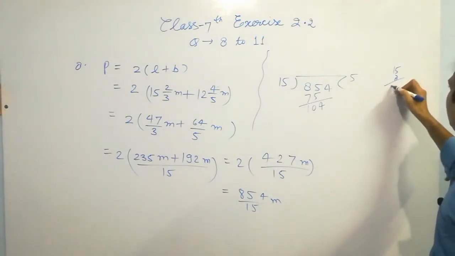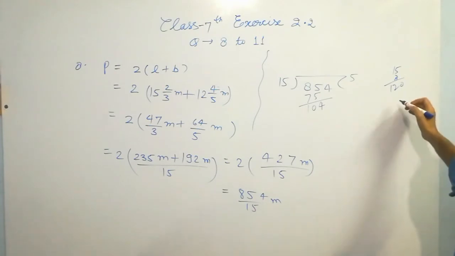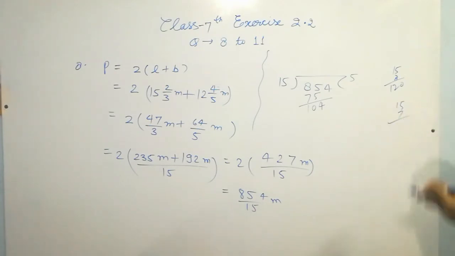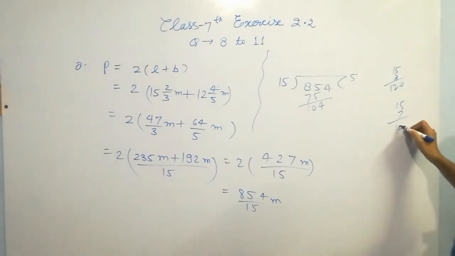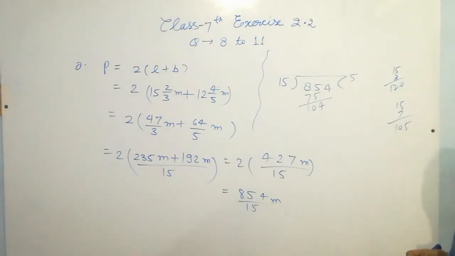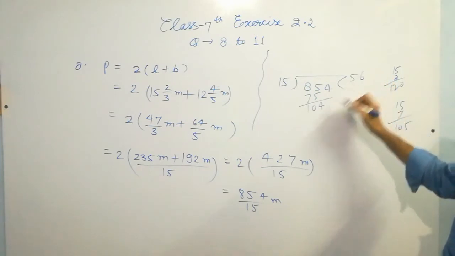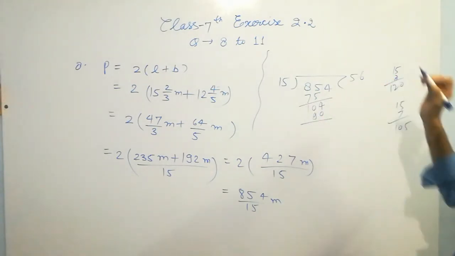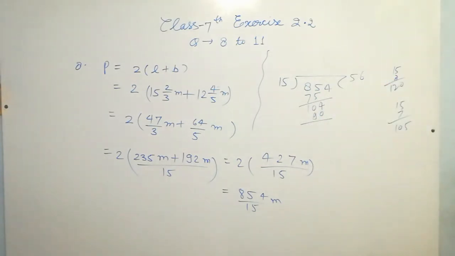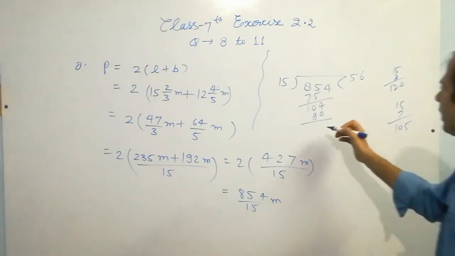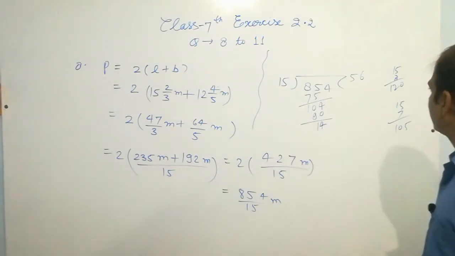15 eights are 120 and 15 sevens are 105. So it will be 15 sixes are 90. So what is the remainder? It is 14.